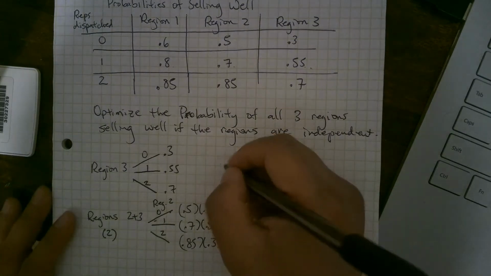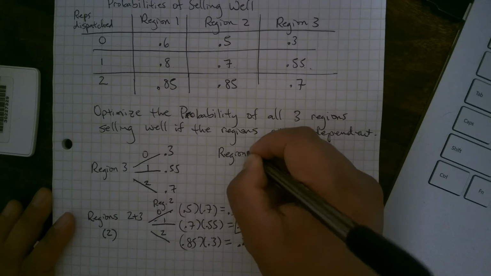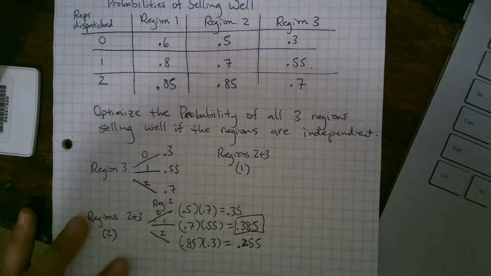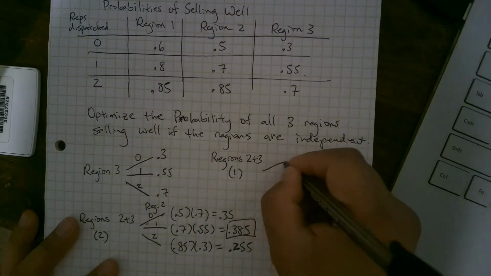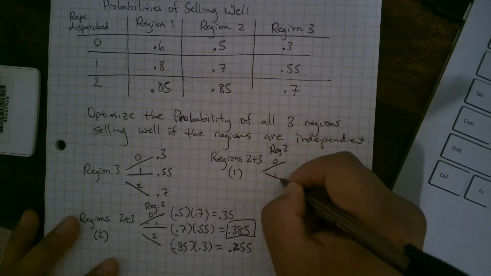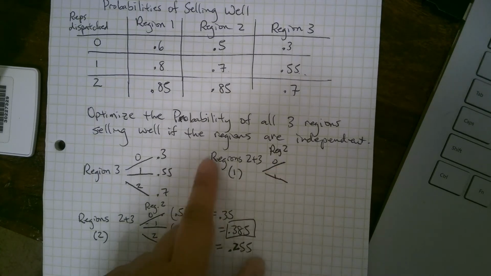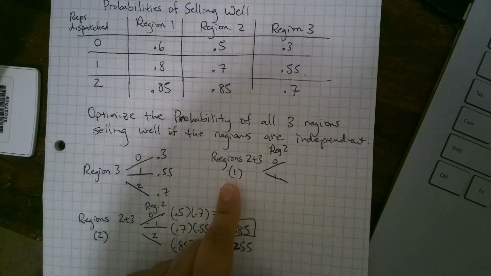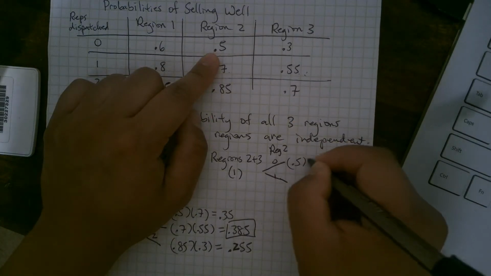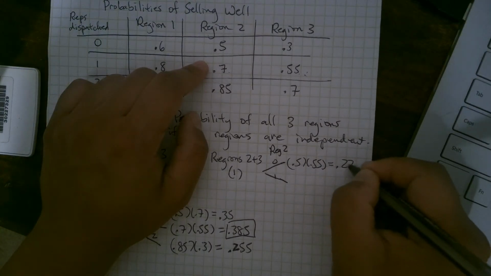Okay, let's do the other cases. What if I only dispatch 1 rep to regions 2 and 3? That means I'm going to save 1 rep for region 1. Well, now region 2 can only have 0 or 1 rep. If I have 0 reps to region 2, total of 1 rep to regions 2 and 3, then I'm going to have 1 rep in region 3, so it's these 2 probabilities, 0.5 times 0.55, for a total of 0.275 once we multiply them.